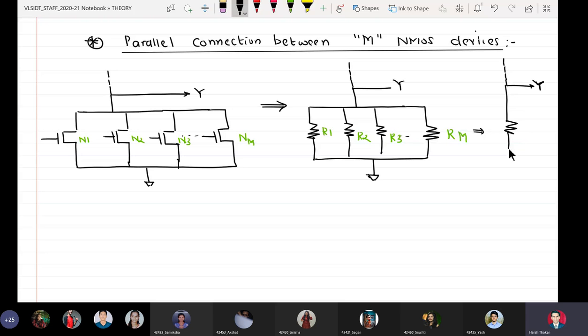We have a single resistor. We name this as R equivalent.